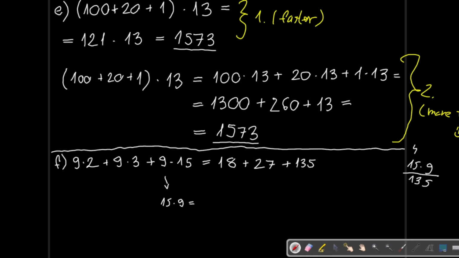We can write this as 15 times 10 minus 1, and then use the distribution rule here. And we get the same thing, same result. So we wrote number 9 in the form of 10 minus 1.